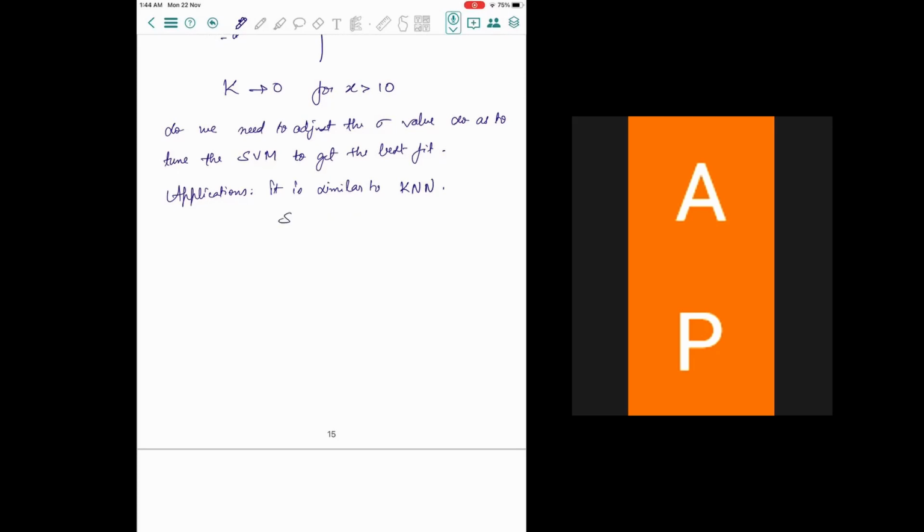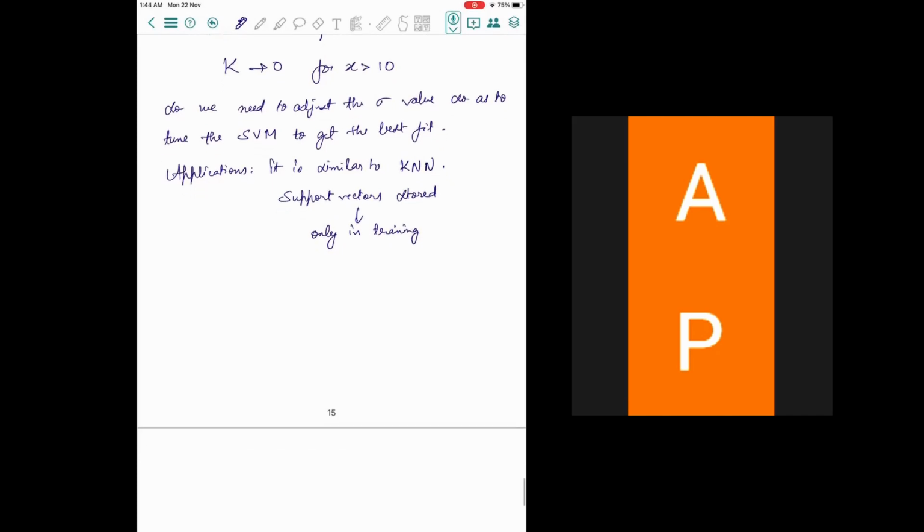It overcomes the disadvantage that KNN has, wherein it needs to store the support vectors during training, and doesn't need the entire dataset.